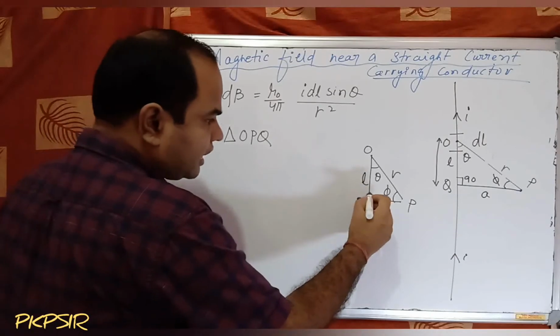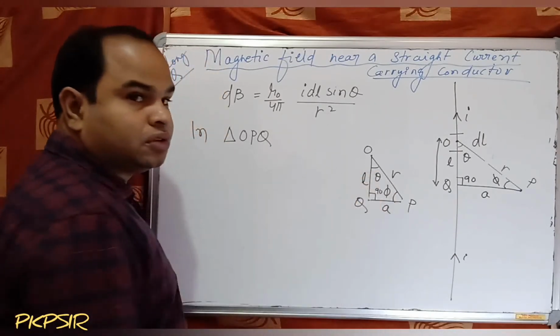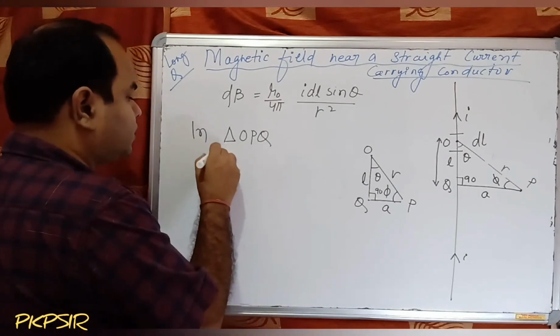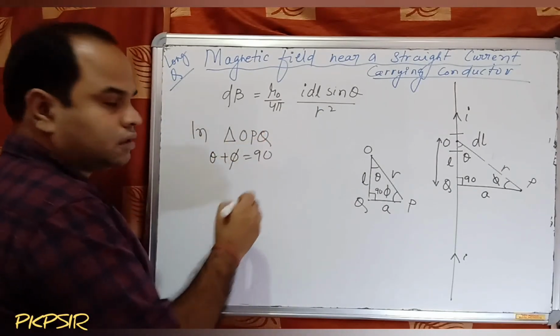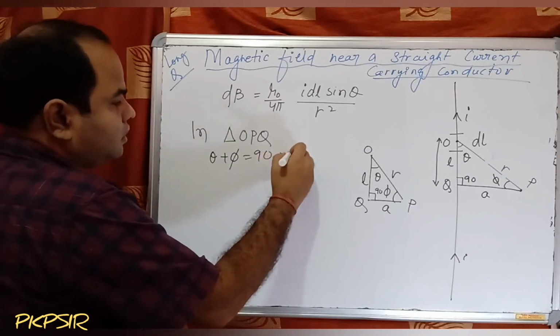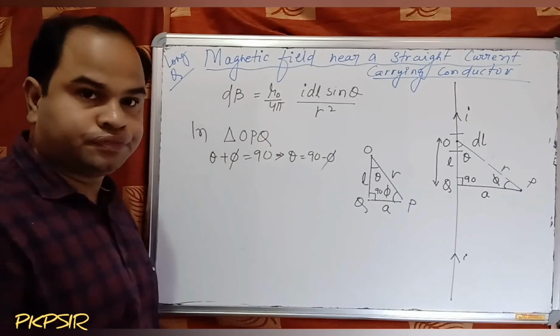So this is 90. So theta plus phi is equal to 90. That implies theta is equal to 90 minus phi.